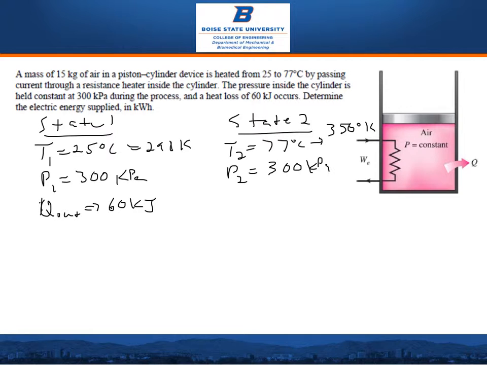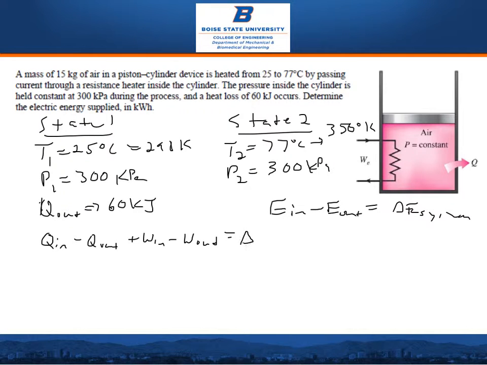Okay, so first is our energy equation. E in minus E out equals delta E system, which from our formula sheets we can write Q in minus Q out plus the work in minus the work out equals the change in internal energy plus the change in potential energy plus the change in kinetic energy.